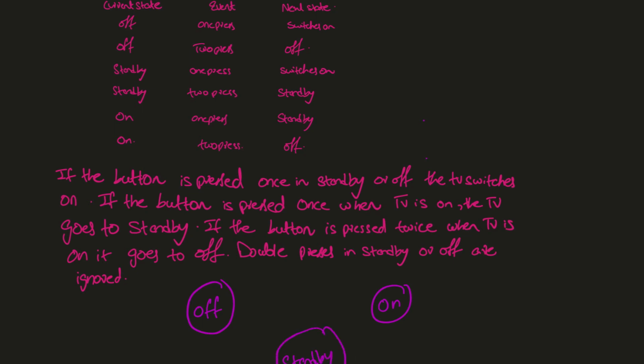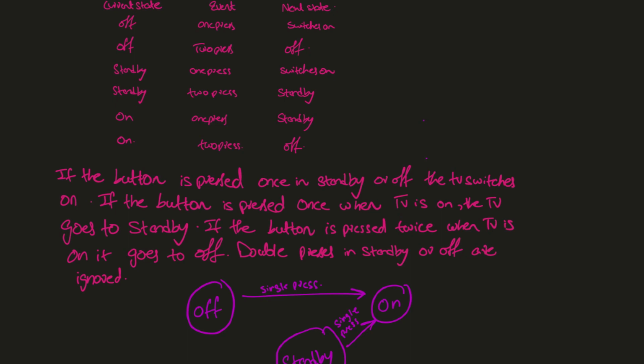First, if the button is pressed once in standby or off, the TV switches on. So we'll have this arrow and label it single press, and we have this arrow, which we also label single press, because when you single press from an off state or a standby state, the TV switches on.